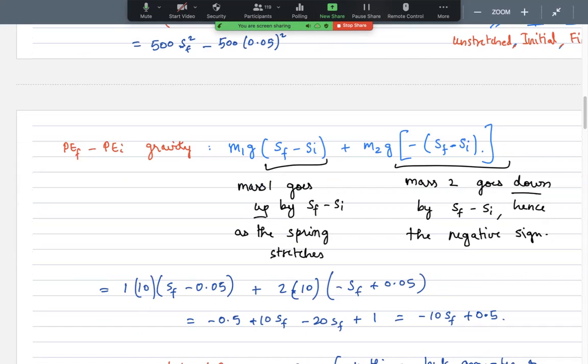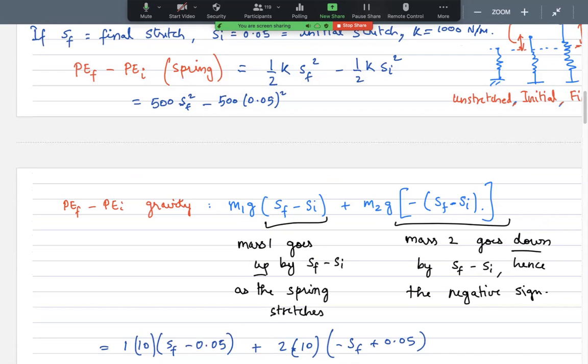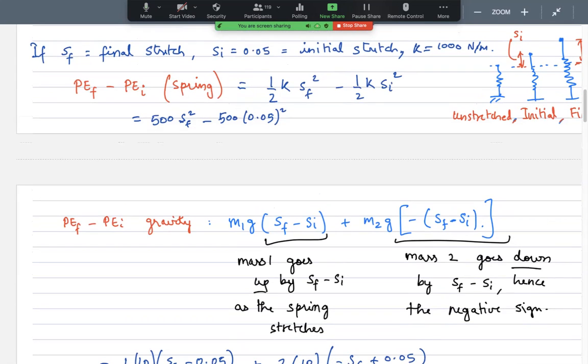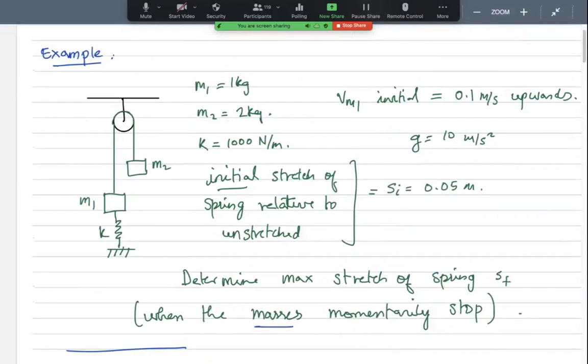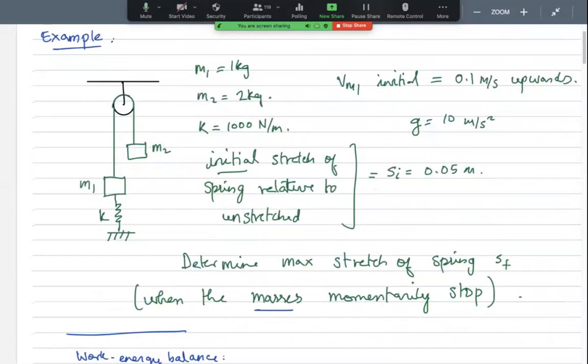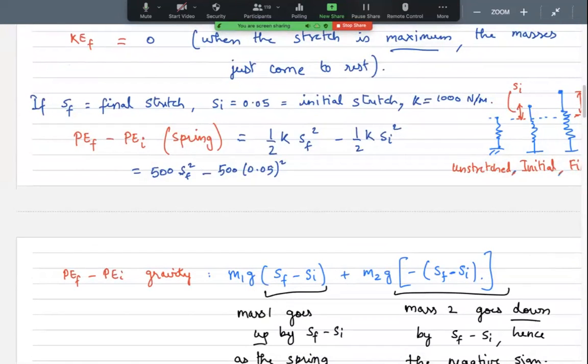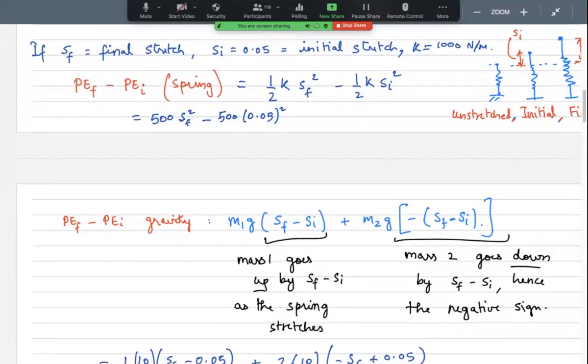Same for gravity. Because this point goes from initial here to final here, let's look at this picture. This mass moves up by the same distance, and this mass moves down by the same distance, by which the spring has increased its stretch. So mass 1 goes up by S_F minus S_I, and its potential energy difference is M1 g (S_F minus S_I).